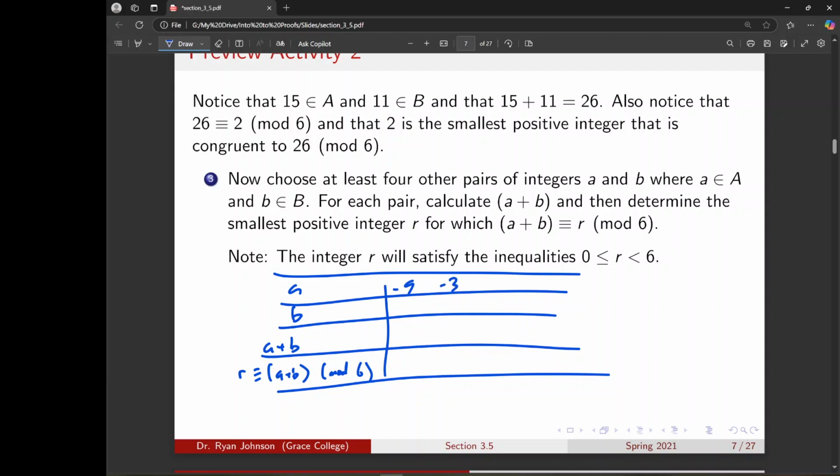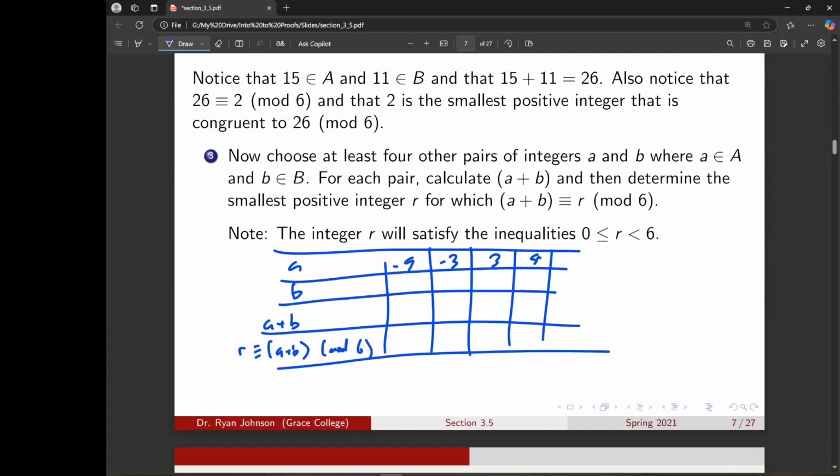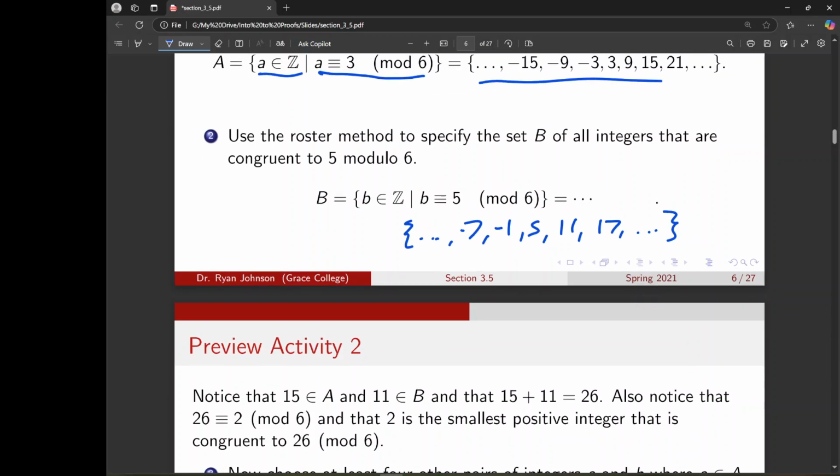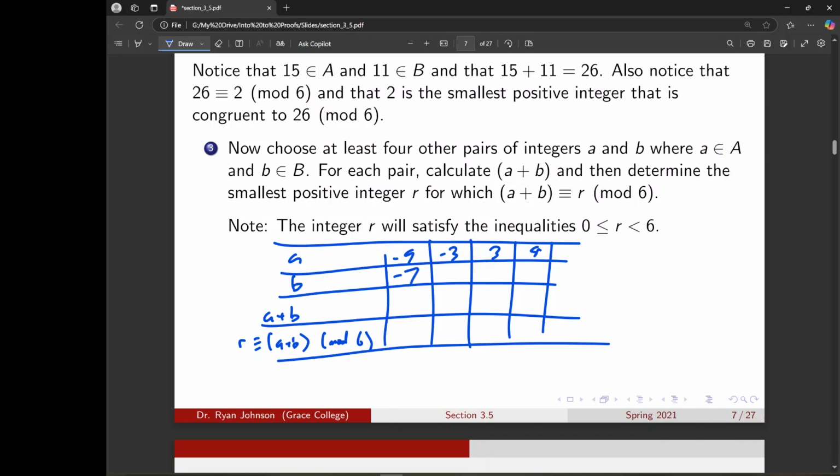And let's do from B: -7, -1, 5, 11. So add them together. I've got like a -12 and a -4 and an 8.